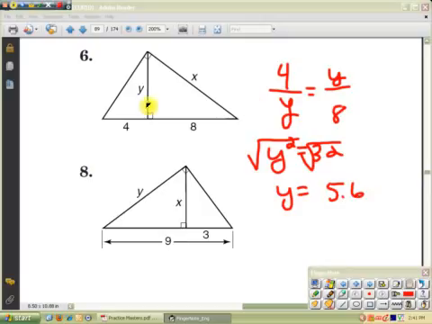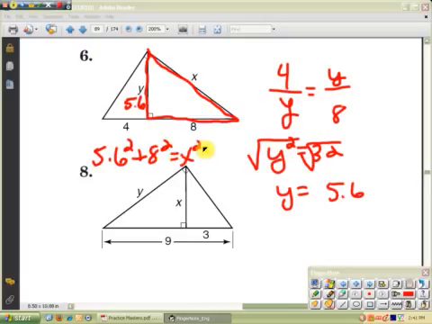Now, if we know that y is 5.6, we can use the Pythagorean theorem because this triangle here is a right triangle. We can use our Pythagorean theorem to find x. x is the hypotenuse, so we're going to have 5.6 squared plus 8 squared equals x squared.